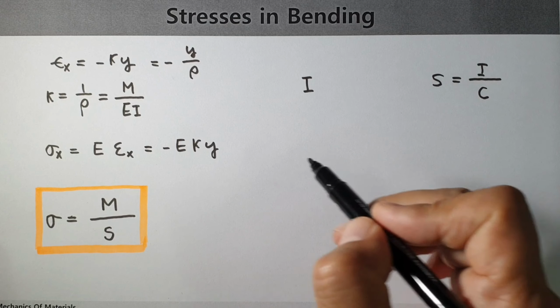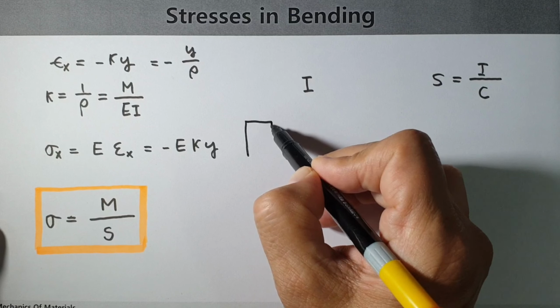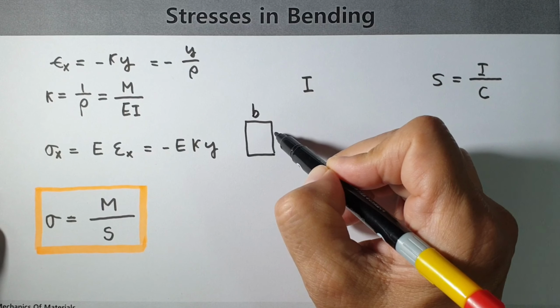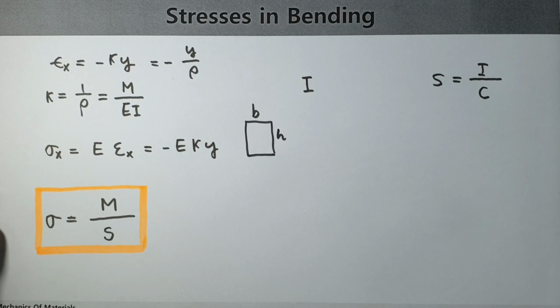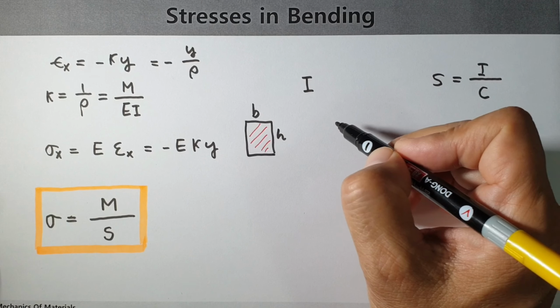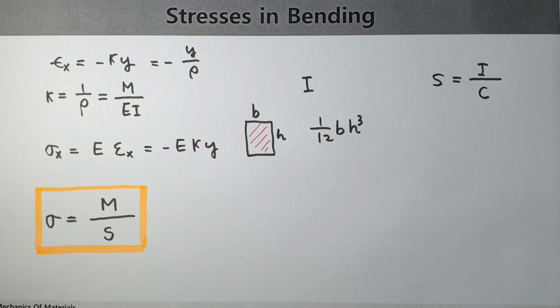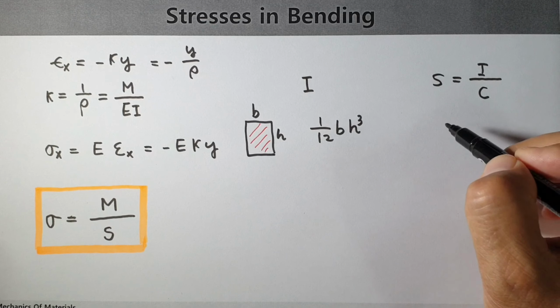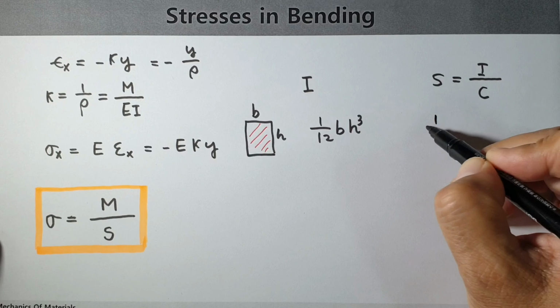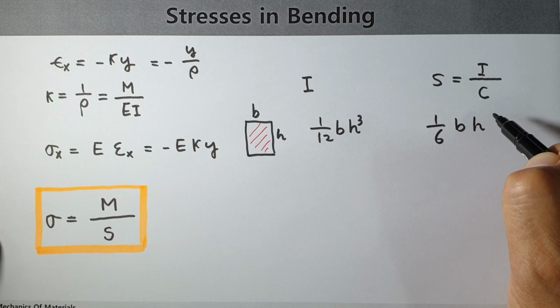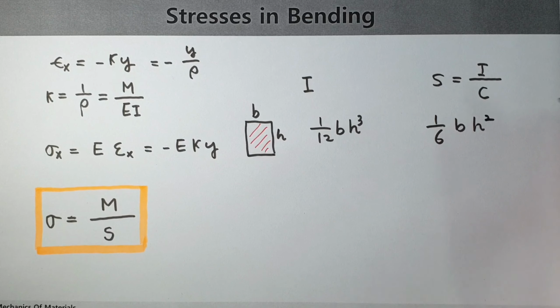In this case, when you think about a rectangular beam with width B and height H, the moment of inertia is calculated by 1 over 12 B H cubed, and section modulus is calculated as 1 over 6 B H squared. That is calculated like this.